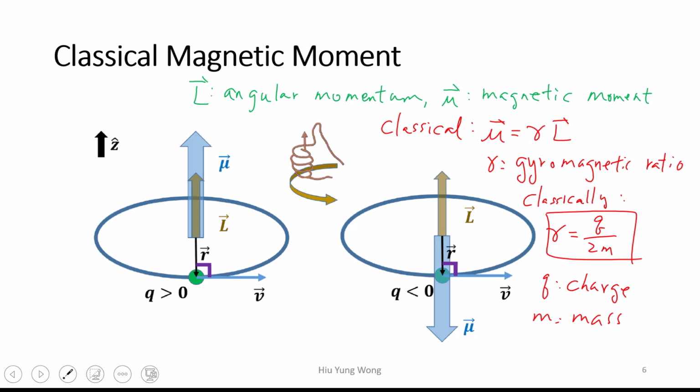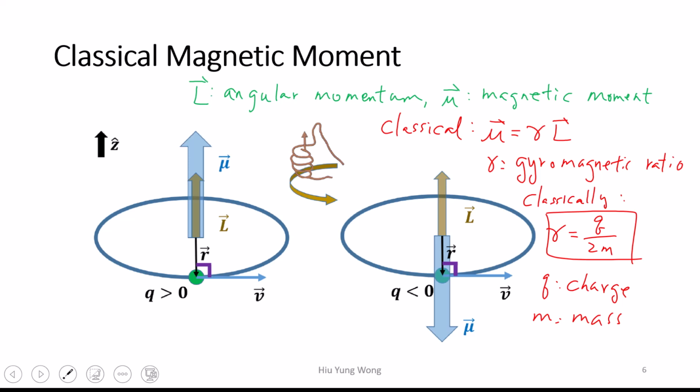You see that when the charge is positive, the angular momentum and the magnetic moment are pointing in the same direction. When it is negative, they have the same mass, right? They are rotating in the same way. So of course, the angular momentum is also pointing up, but the magnetic moment is pointing down. Make sense?